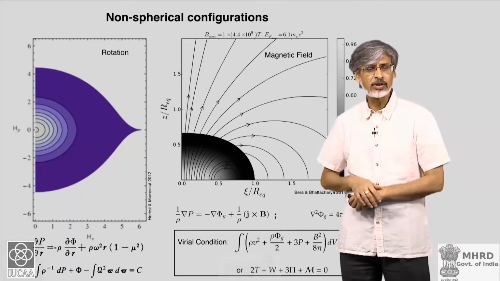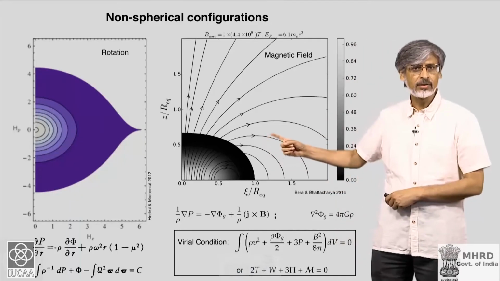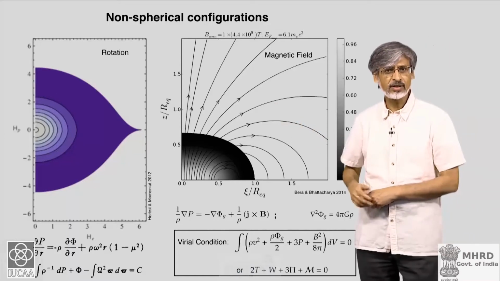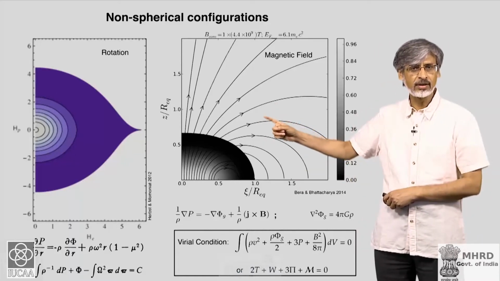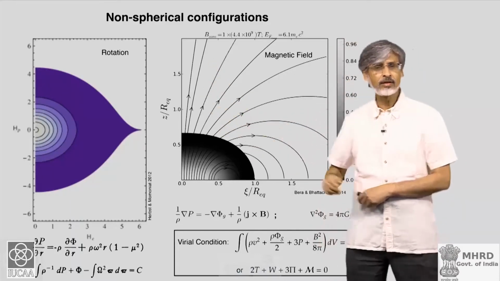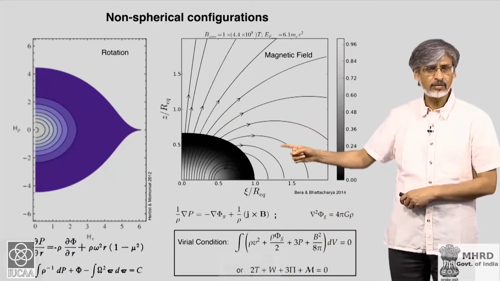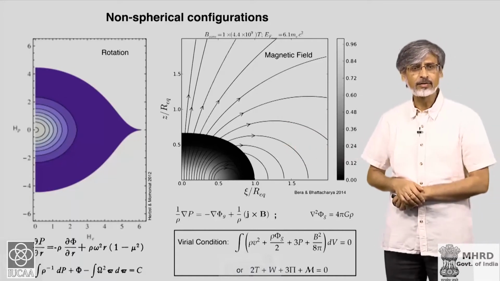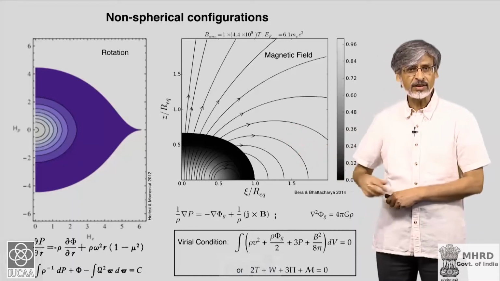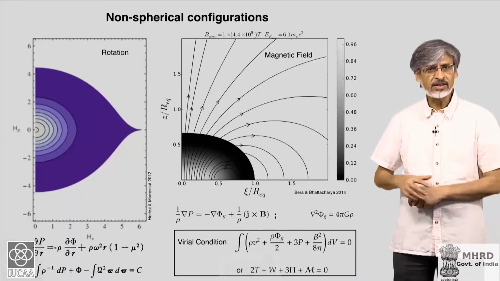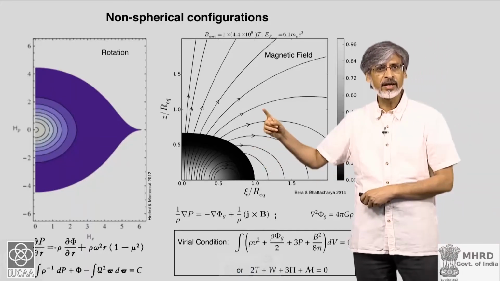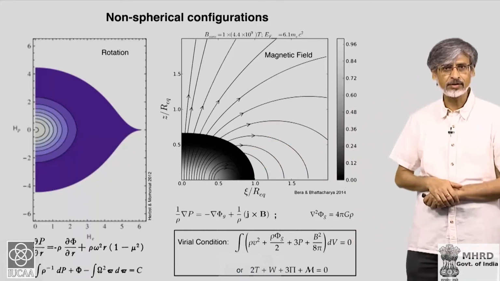Magnetic field can do something similar. Here we show a result for a fully poloidal magnetic field. So, you have the magnetic field axis over here, and the magnetic equator is over there, and the magnetic pressure tends to distend the object in the equatorial regions, and so you again end up with a non-spherical configuration.